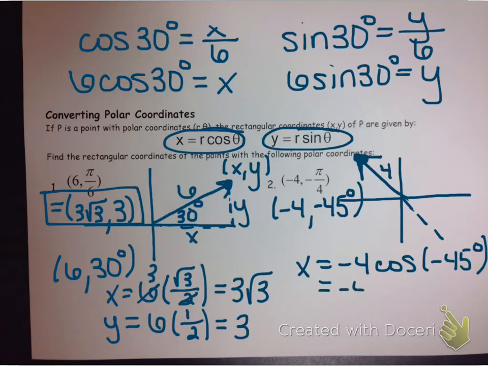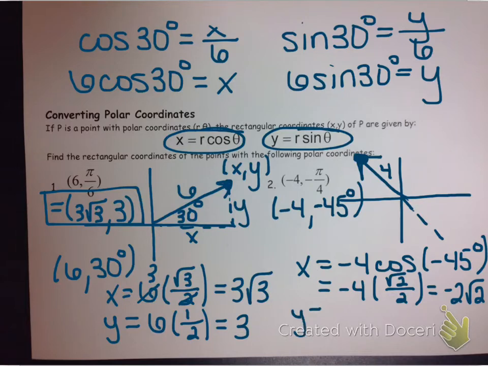And so I have negative 4 times cosine of negative 45 degrees, which was down here in quadrant 4, and cosine was positive. Remember, all students take calculus. So cosine was positive square root of 2 over 2. And so that gives me an x value of negative 2 square root of 2, which makes sense because that x value needs to be negative if this point is to the left of the origin.